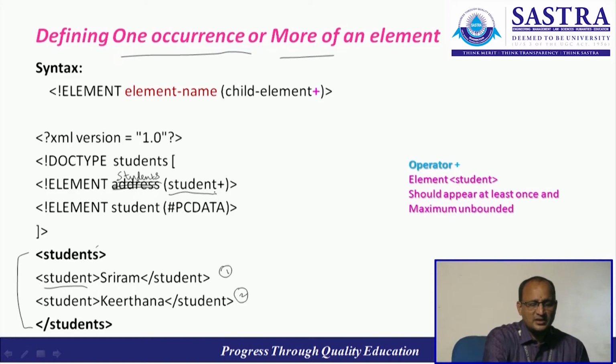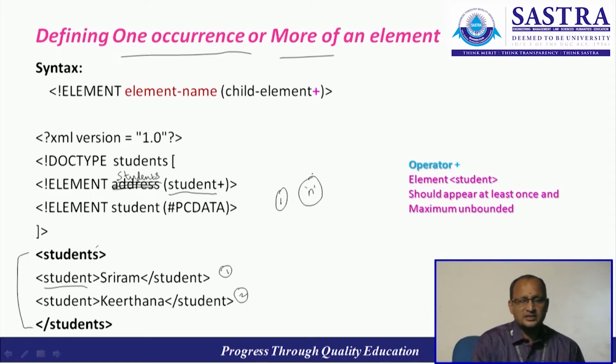It means minimum it should be 1 and maximum n number of times. This is the way the operator plus has been utilized.